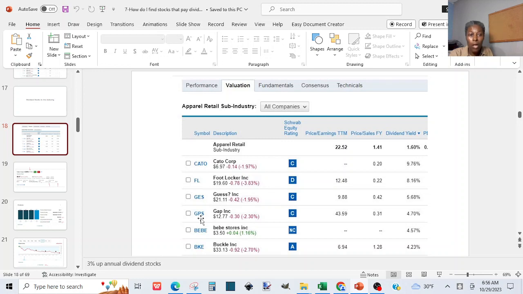So it didn't pass our dividend yield 6% criteria. But I don't think that's a reason to eliminate it completely. But I will eliminate GES. I will eliminate Keto. And in this list so far, FL and GPS are good.